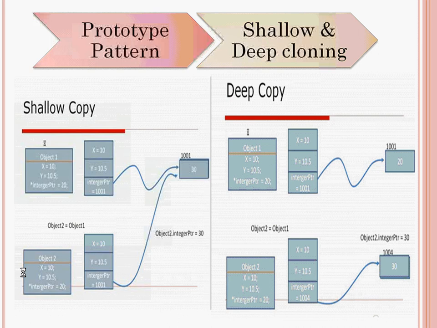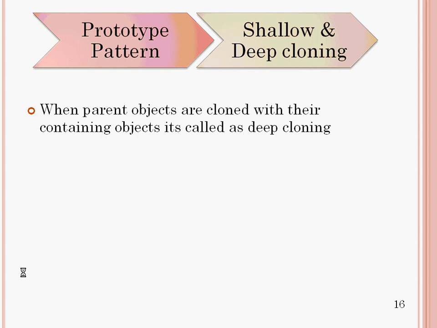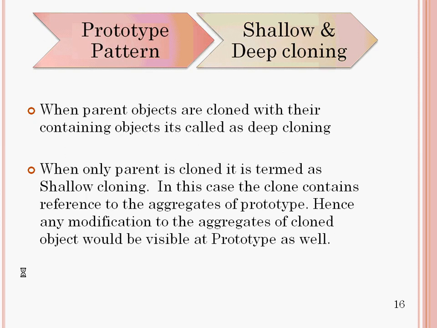So the basic requirement of this prototype is that every component implements clone and a copy constructor, and the copy constructor has to be implemented properly, so that for every member the deep copy is implemented.